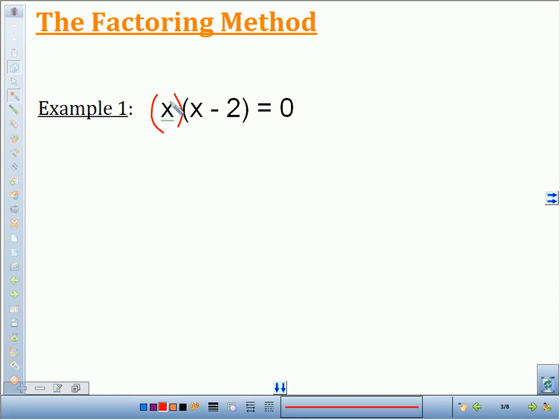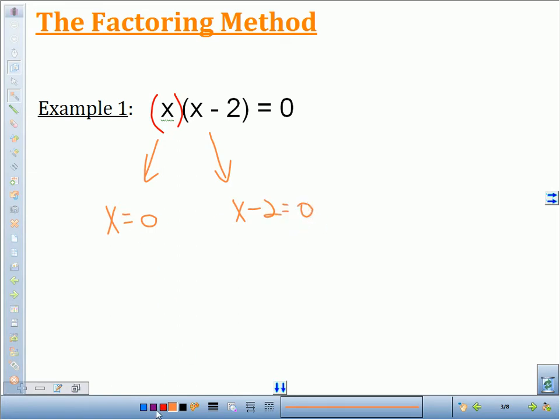One expression is just x, and one expression is x minus 2. So I have one expression times another expression, and it equals 0. Which means, according to the zero product property, that either x equals 0 or x minus 2 equals 0, or both.